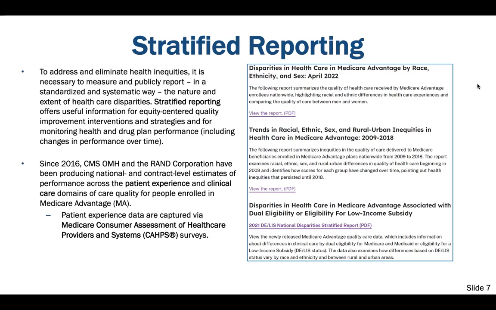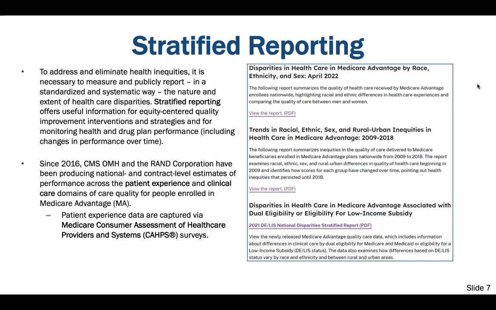So, the way a CAHPS health plan survey, like the Medicare CAHPS survey, was originally designed, was with the aim of reporting the overall quality for that plan for all the people enrolled in it.